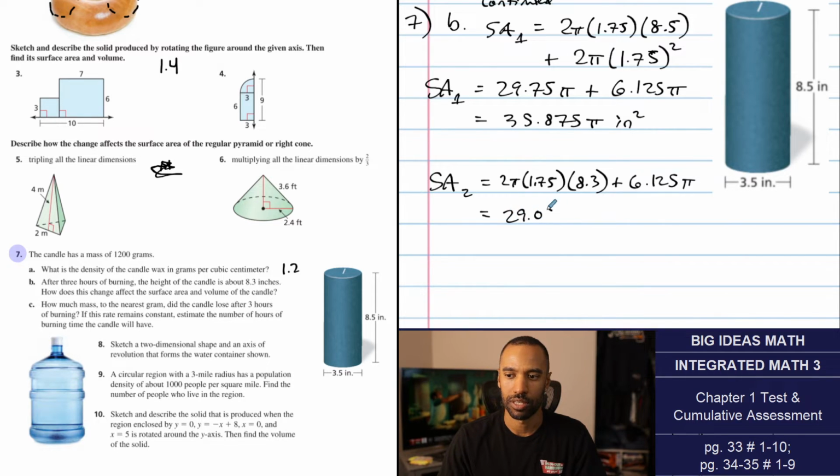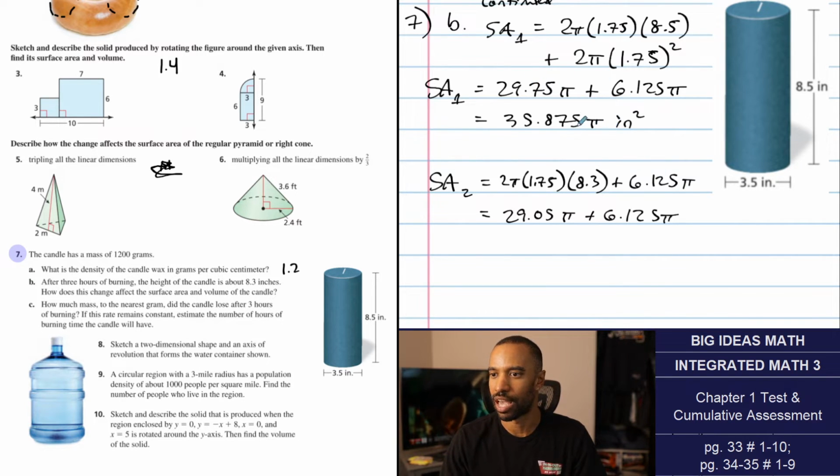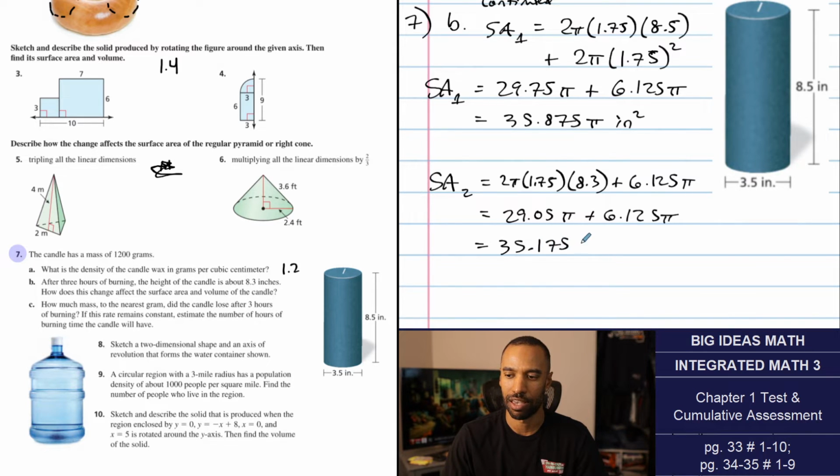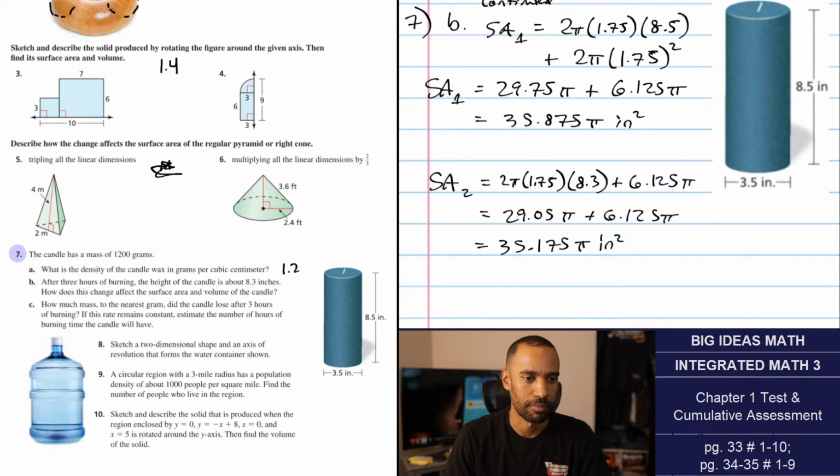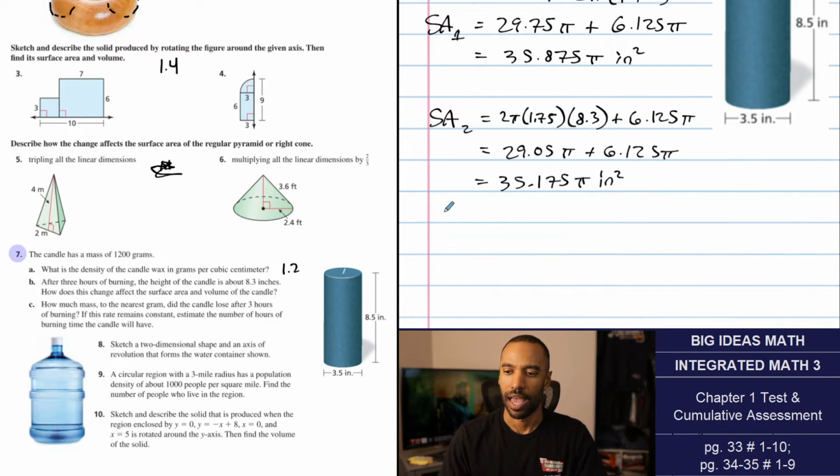So 29.05 pi plus 6.125. And that's literally 0.7 pi less. So I think this should be 35.175 pi square inches. Let's be sure. I'm not trusting myself all the time. Yeah, 35.175 pi. So, how does surface area 2 over surface area 1 compare?